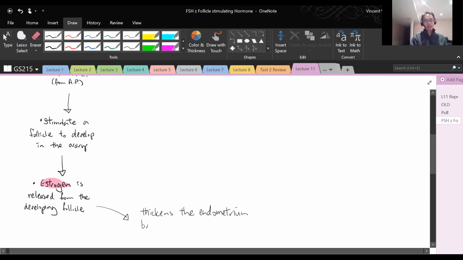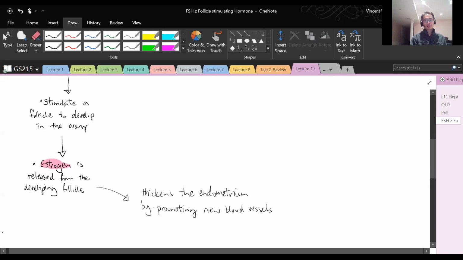Okay, by promoting new blood vessels to form. It's called angiogenesis if you ever see that word. Angio is like blood vessels, genesis, creation of new blood vessels.